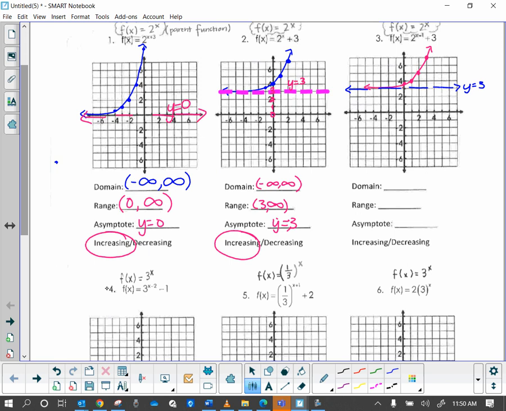Okay, so the domain, again, if it goes left and right, if it's got arrows at the left and at the right, your domain is going to be all real numbers. So we've got negative infinity to positive infinity. Range starts at 3, goes to infinity. Your asymptote, y equals 3, and it's increasing.